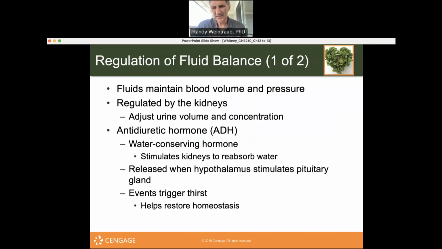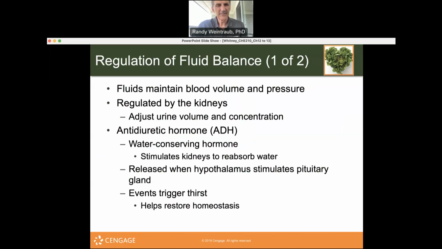And this is a process that occurs in our body. Fluids are maintained, blood volume and pressure regulated by the kidneys. We adjust the volume of water and its concentration that goes out in urine. Antidiuretic hormone, or ADH, is the hormone that conserves water, and when present, stimulates the kidneys to reabsorb water.